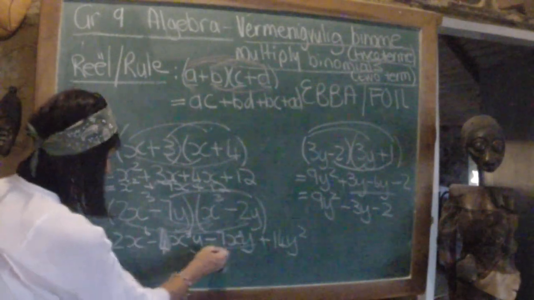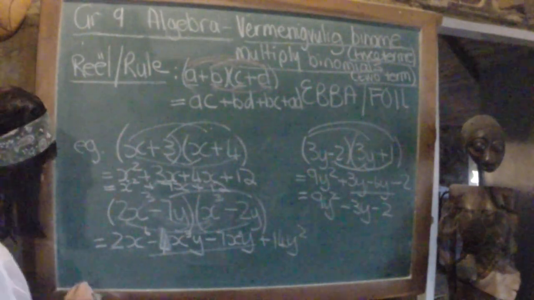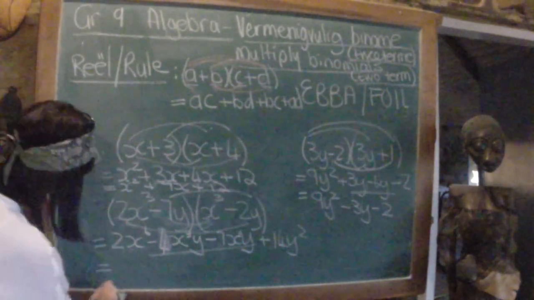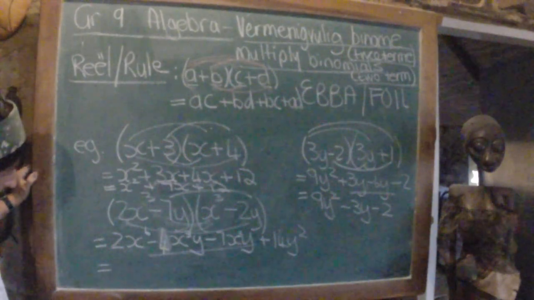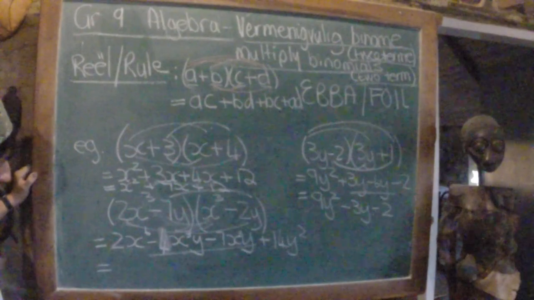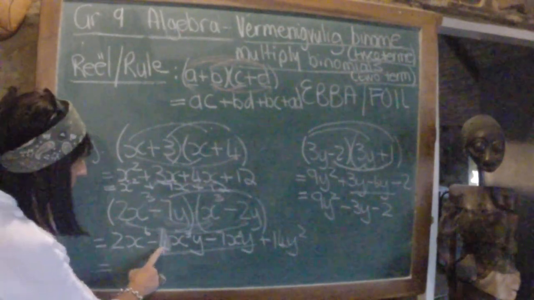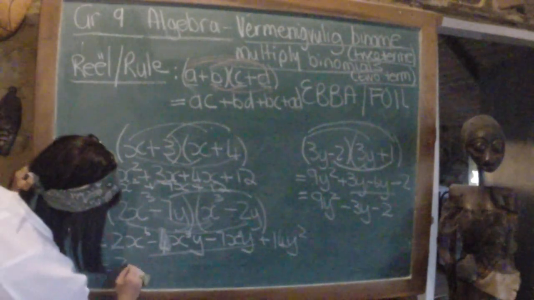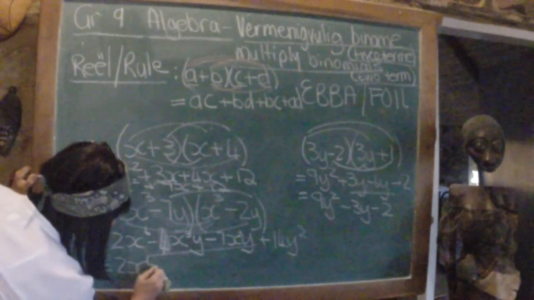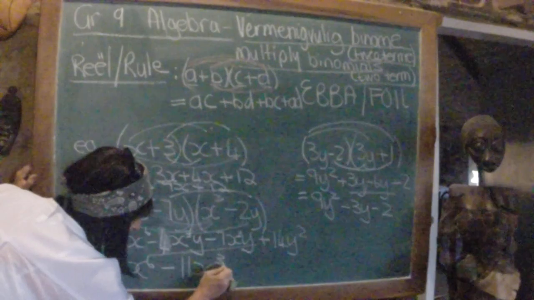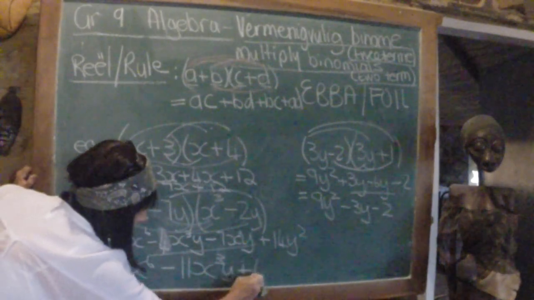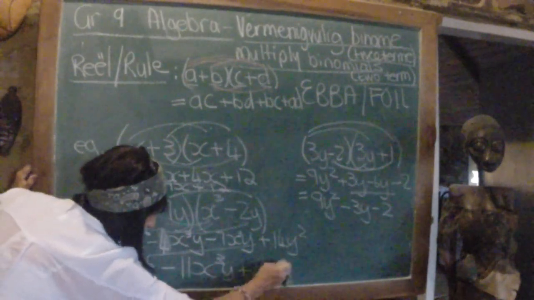So these two I can add up. Hulle is like terms, they are like terms. So hulle is gelyksoortig. So ek het minus 4 en 'n minus 7 gee vir my 'n minus 11 van dieselfde soort. They are like, and that's my final answer.